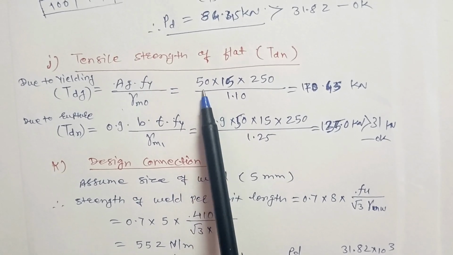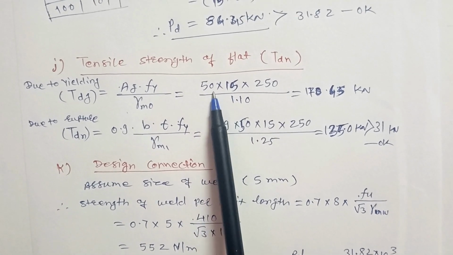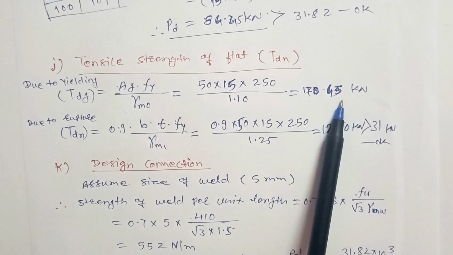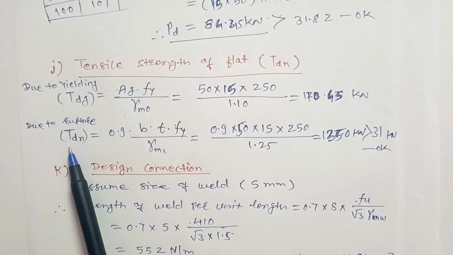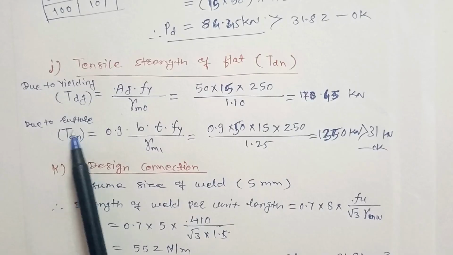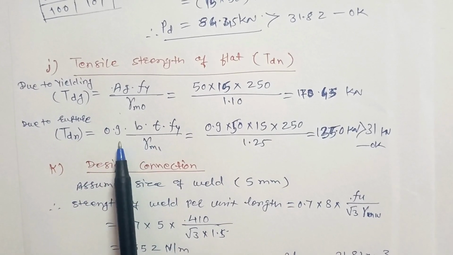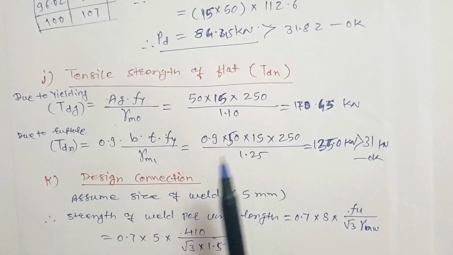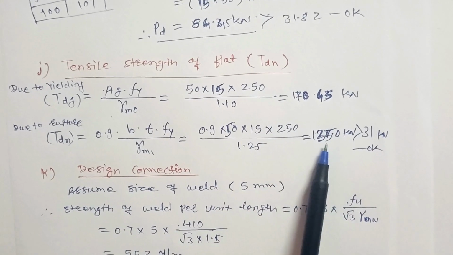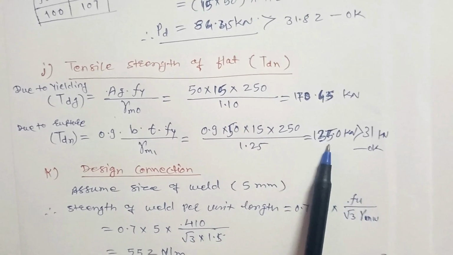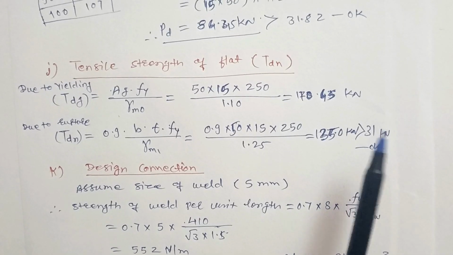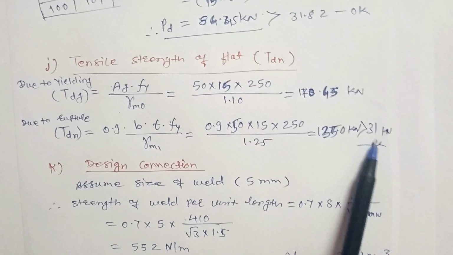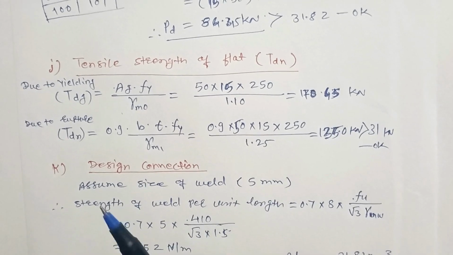Area is width into thickness, into Fy 250 divided by gamma MO, and it is calculated. Similarly, for the rupture tensile strength, it is 0.9 BT Fy upon gamma M1. This formula is already given in the IS code. So it is 135. Again, it is greater than our calculated strength of the lacing flat, 31, hence it is okay.